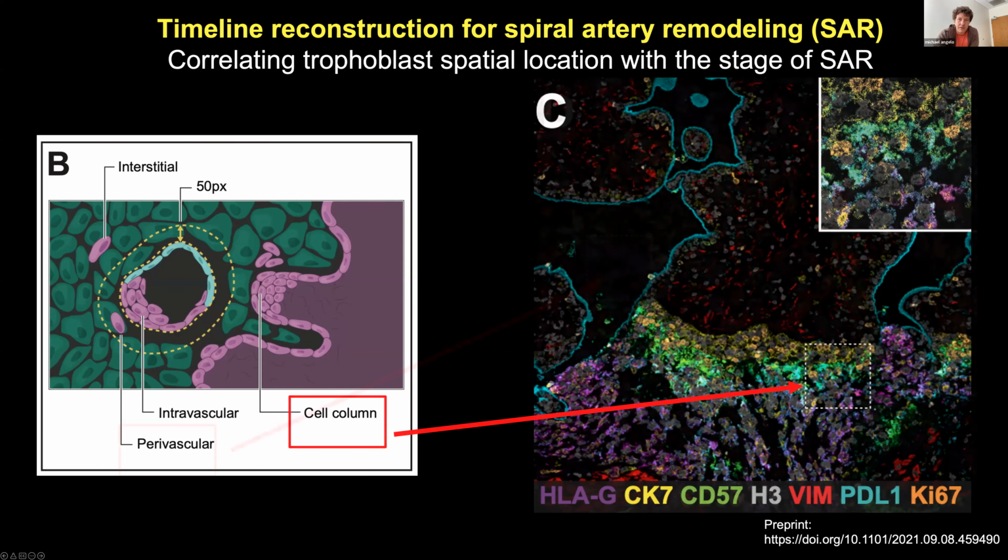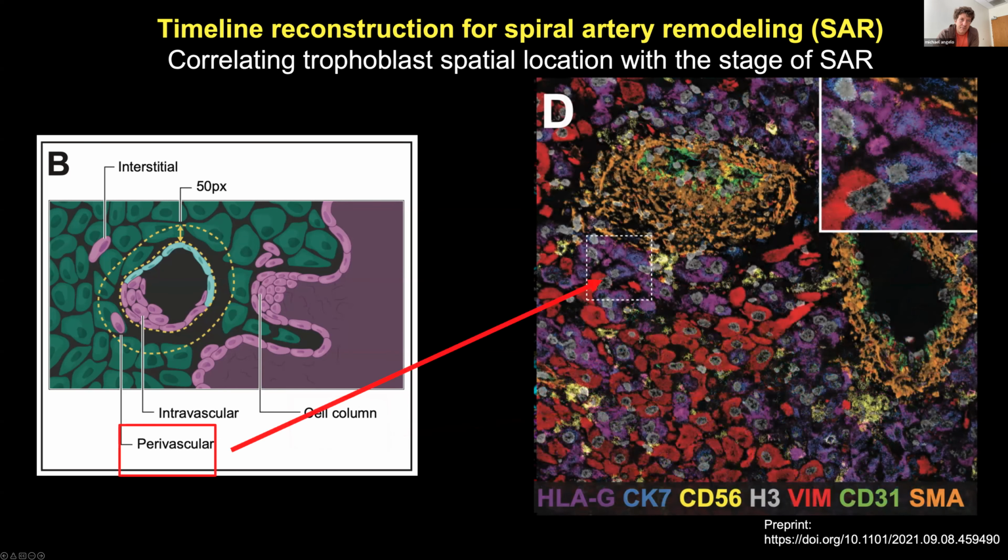And then if we go to the next slide, I can show you that all of these purple cells are HLA-G positive trophoblasts. And so you can see some of them are far away from the artery, some of them are close. If they had invaded the decidua, we would call them interstitial. And if they were within about 1 cell diameter of the artery, we refer to those EVTs as perivascular.